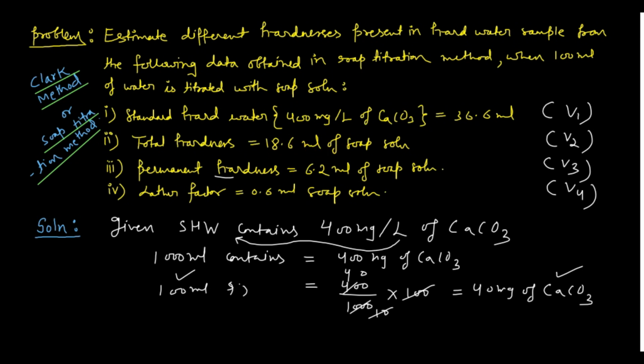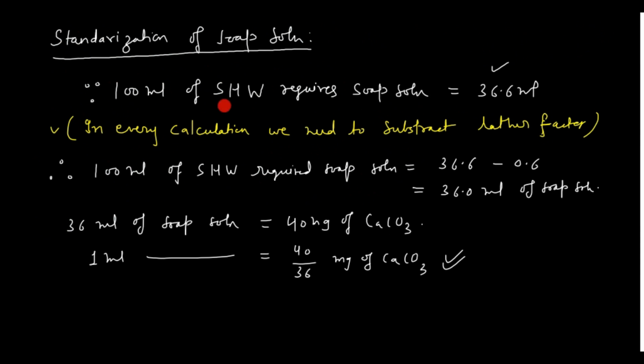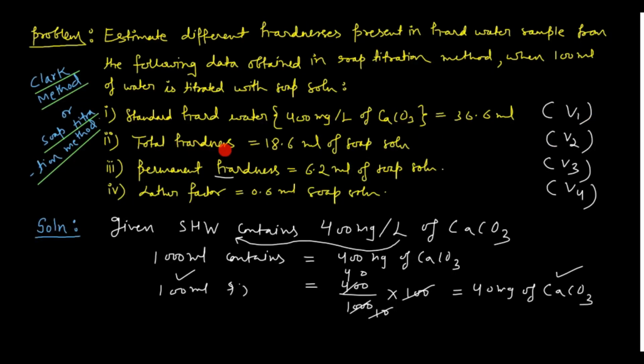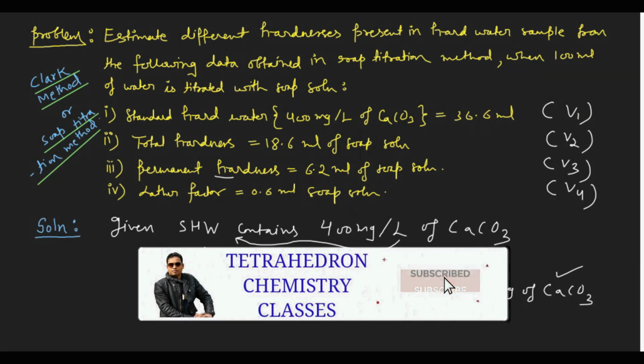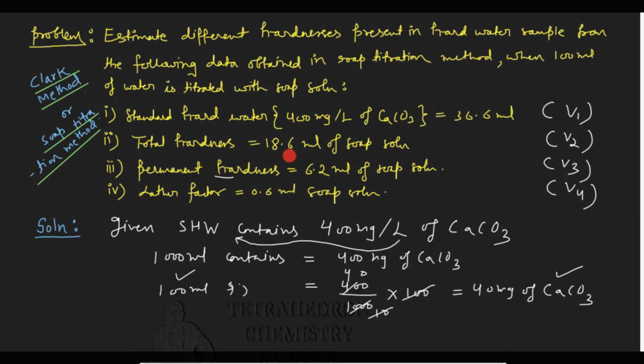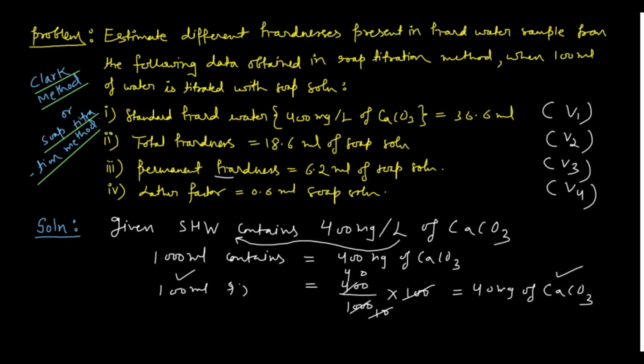Now the calculation which I have done for the standardization of your soap solution, the same calculation I'll do for this total hardness. The only difference is that in that case 36.6 ml of soap solution is required, but in this case 18.6 ml of soap solution is required, right?